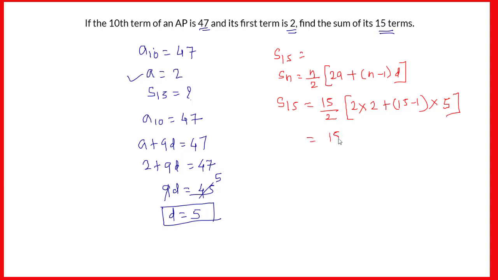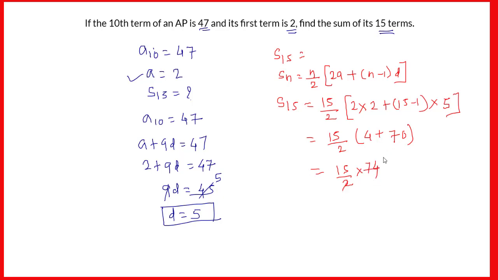Which is equal to 15 upon 2 into bracket, this will be 4 plus 15 minus 1, that is 14, and 14 into 5, that is 70. So we have 15 by 2 into bracket 4 plus 70, which is 15 by 2 into 74.